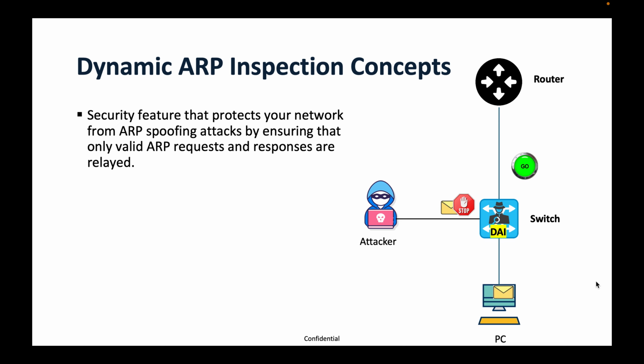So DAI works with the idea of trusted and untrusted ports, with the same general rules as DHCP snooping. Trusted ports are usually ports connected to other switches, or the DHCP server, or other network devices you trust. Anything other than links to end user devices should be trusted by DAI.